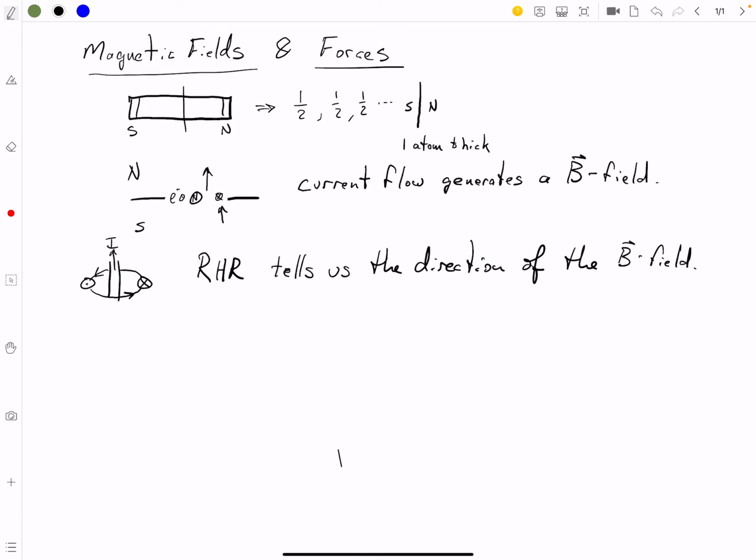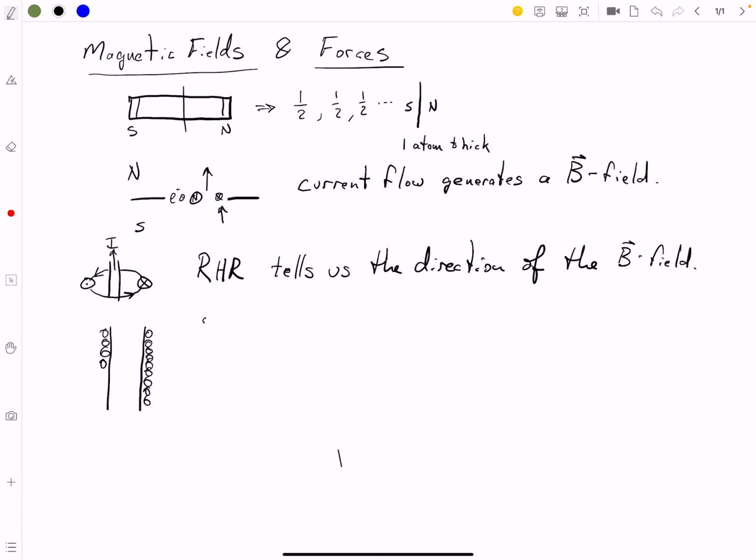Okay, so we can use a solenoid if we want to. You guys know what a solenoid is. Here's the inside of the solenoid, and on one side we've got wires.